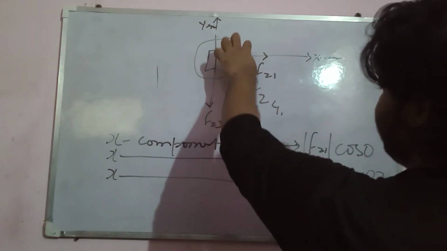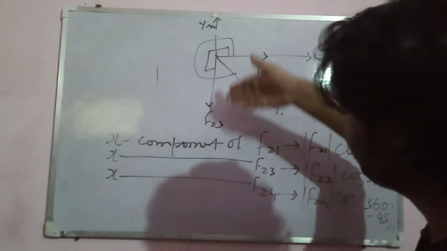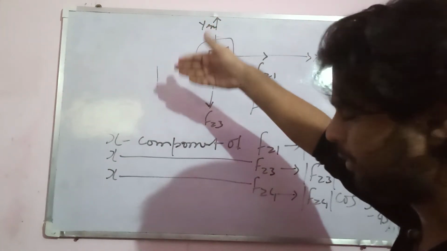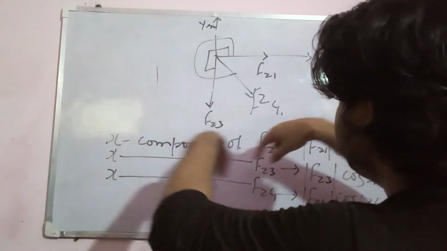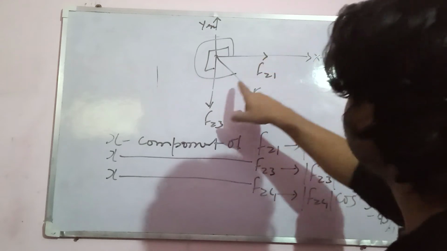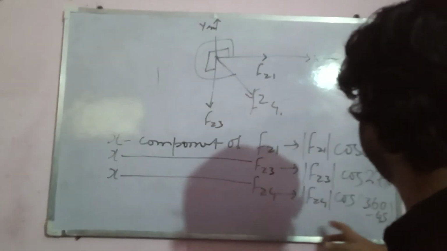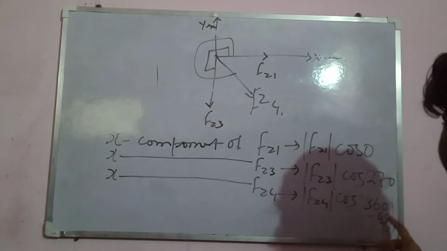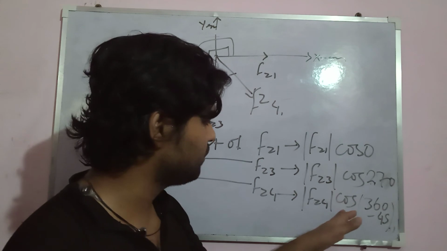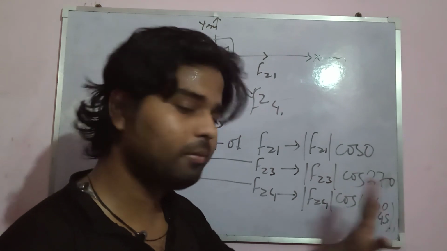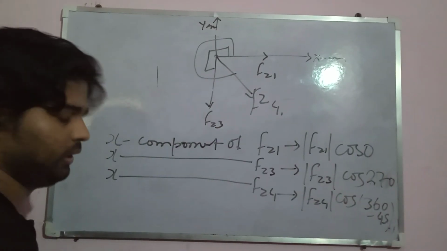Similarly, F24 is along the diagonal of our square. The diagonal makes an angle of 45 degrees with the sides, so the x component of F24 is F24 cos of 360 minus 45 degrees. Understood? This is our x component.